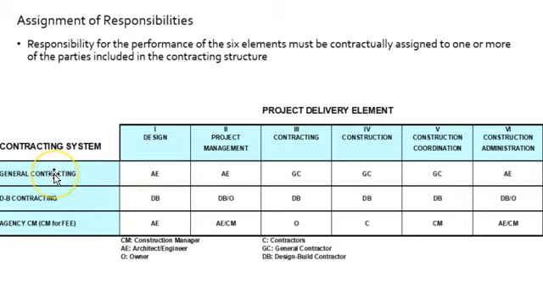All right, so we'll start with the top, general contracting. This is our design, bid, build. So design is completed, then it goes out to bid, a bid is awarded, and then it is built. So we see that nice clean break here where we have our design and our guidance is offered by the design team.